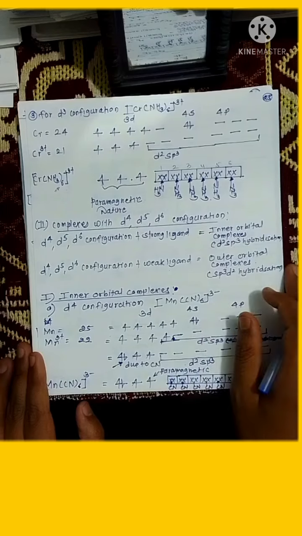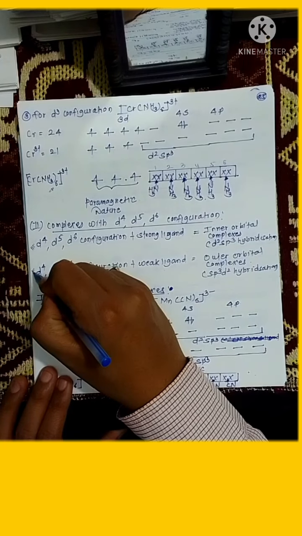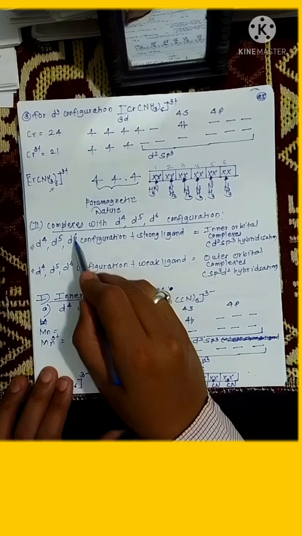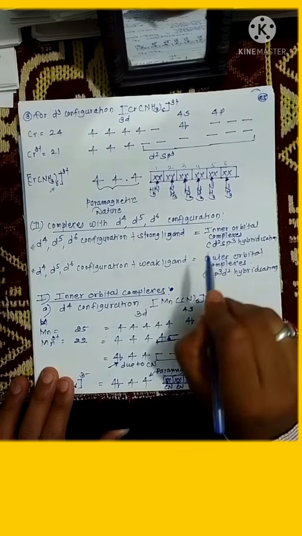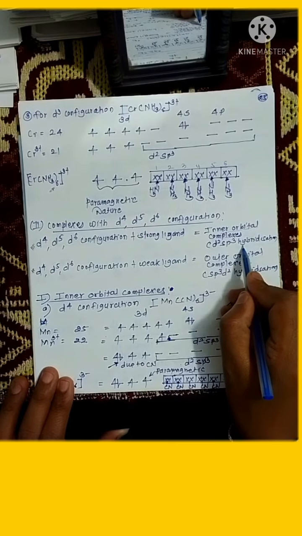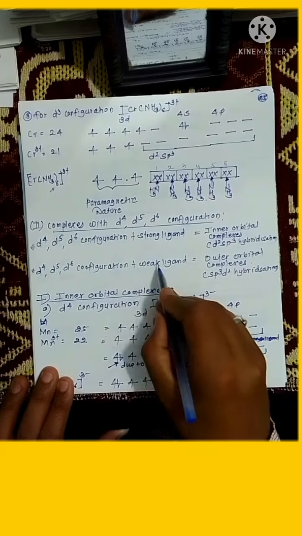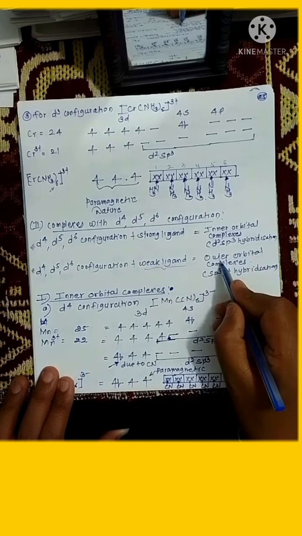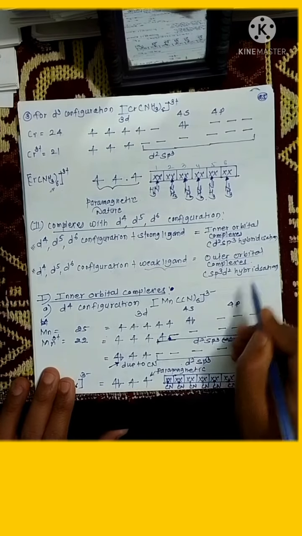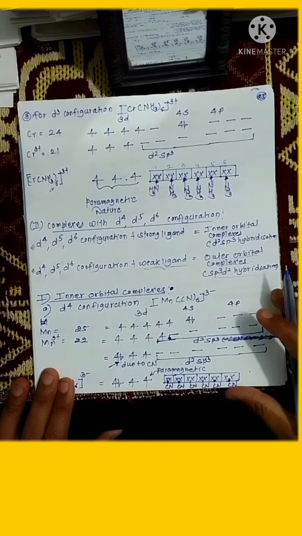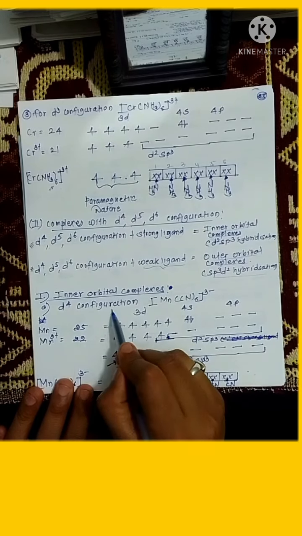Students should note this statement, it is a very important statement. d4, d5, d6 configuration with a strong ligand forms inner orbital complexes with d2sp3 hybridization. d4, d5, d6 configuration with a weak ligand forms outer orbital complexes in which the hybridization is sp3d2 type.